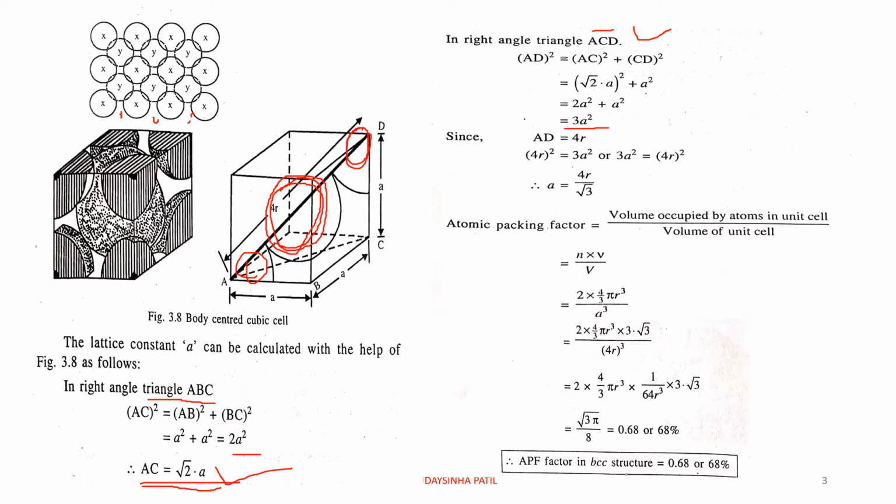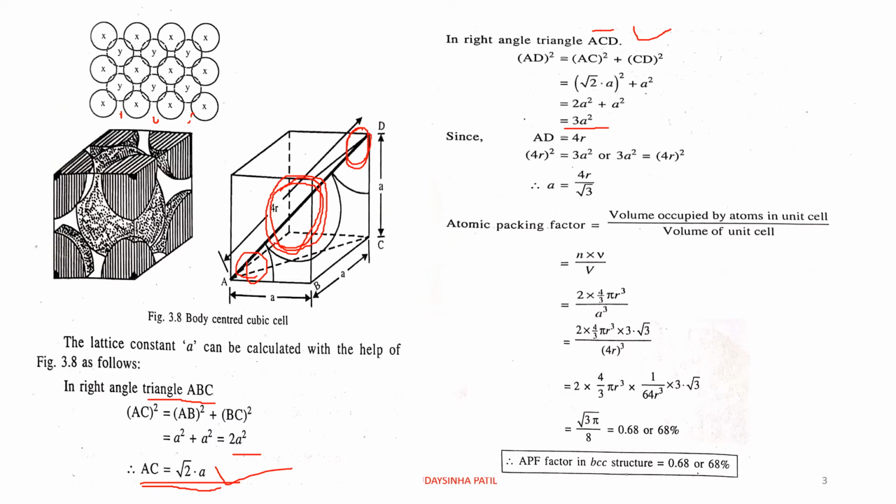We know that R is the radius of each equidimensional sphere. Therefore, the radius of A is R, the radius of D is R, and the radius of the body centered atom is also R, but it has a diameter of 2R. Therefore, R plus 2R plus R is equal to 4R.